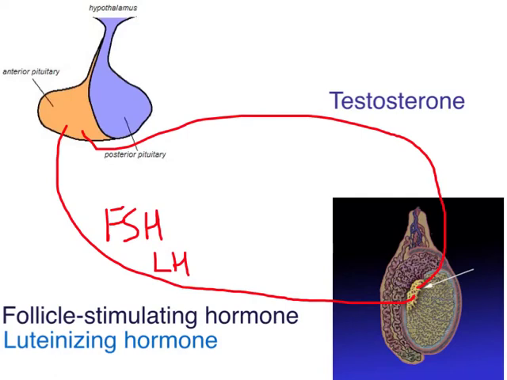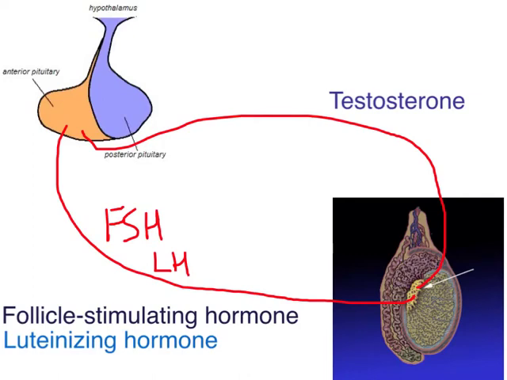Testosterone goes through the body, causing the secondary sex characteristics. When the anterior pituitary recognizes that testosterone is in the bloodstream, it stops the production of FSH and LH.